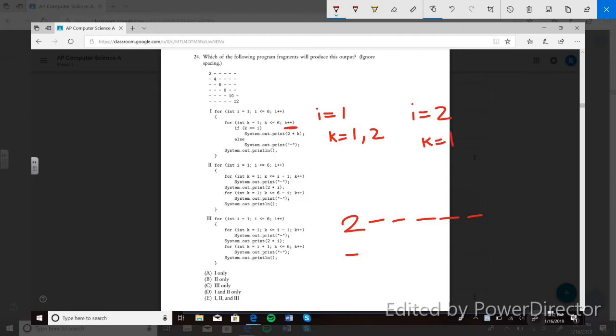So it would print out a dash, but then k would equal 2, so it would be 2 times k, so that would be 4. And then it wouldn't equal i again. So as you can see, the pattern will continue, and it will end up giving the output that it has up there. So number 1 would work.